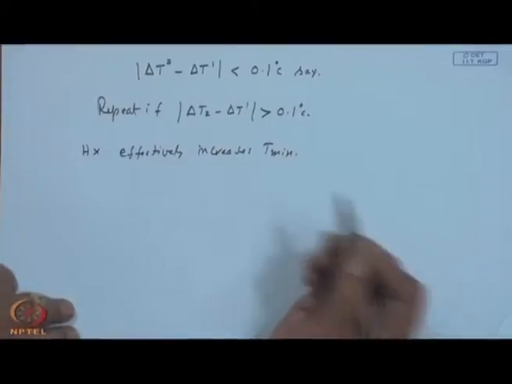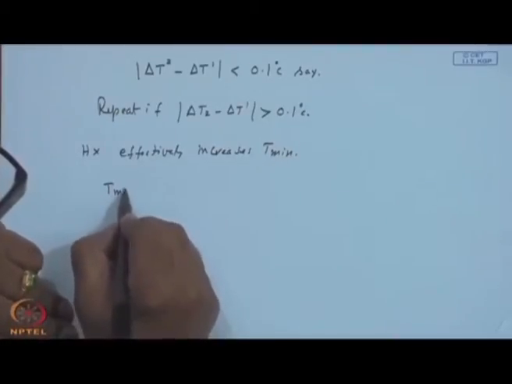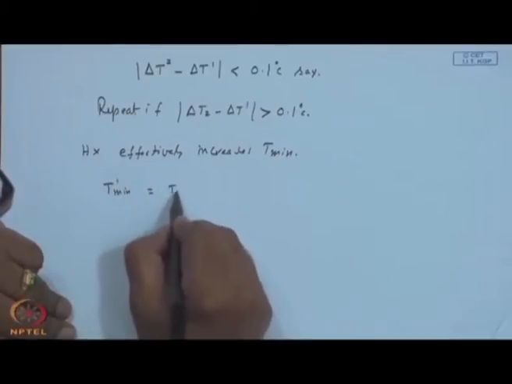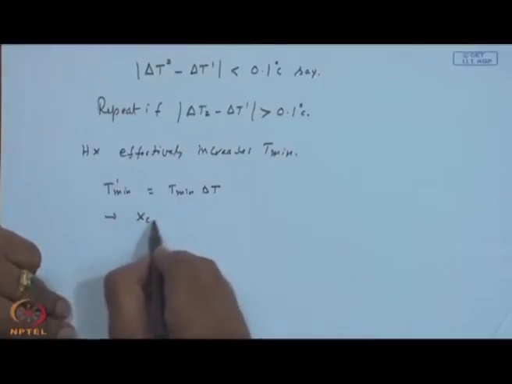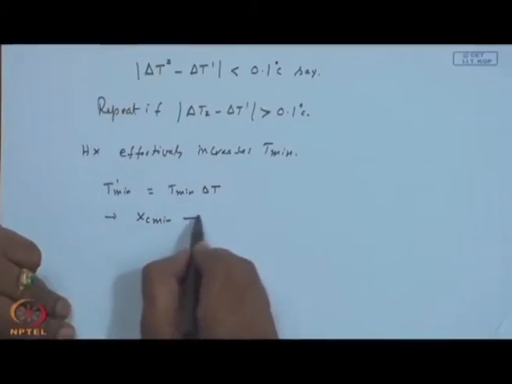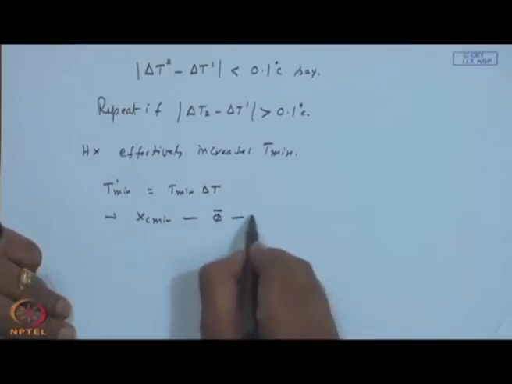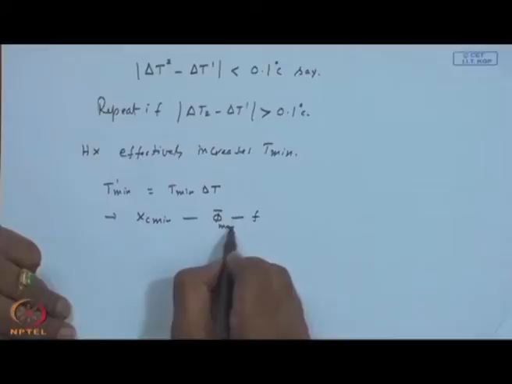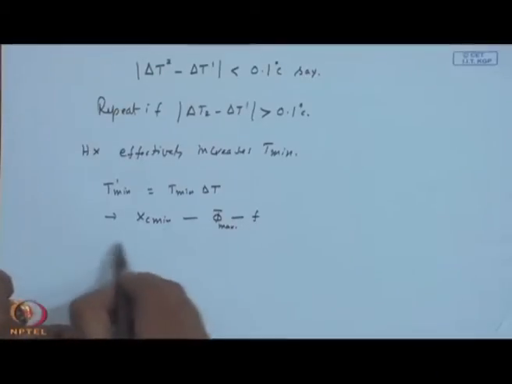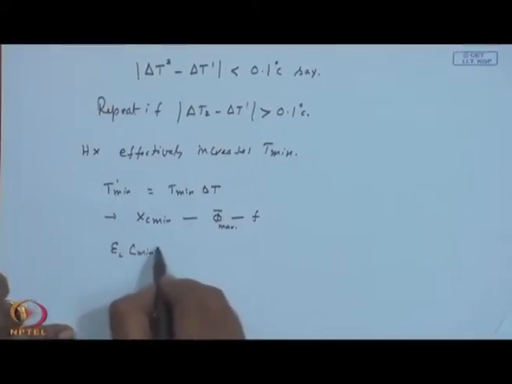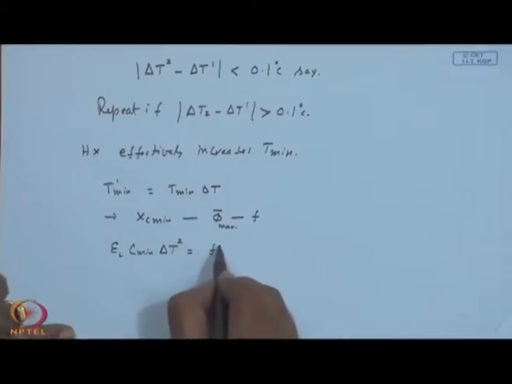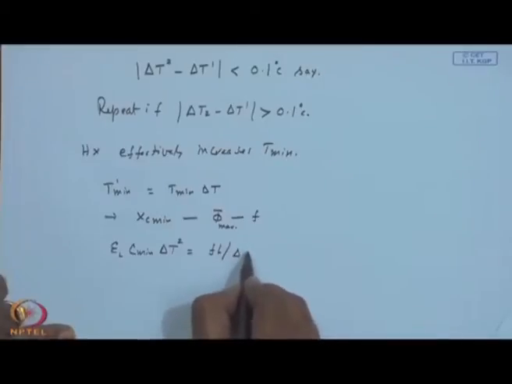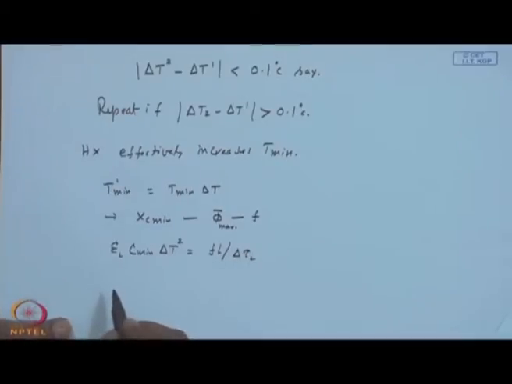So, the procedure is T min equal to T min plus delta T, which may change it to x c minimum, from where you calculate phi bar, from where you get F. So, epsilon L C minimum times delta T 2 should be equal to F into L by delta tau L. This is the governing equation.